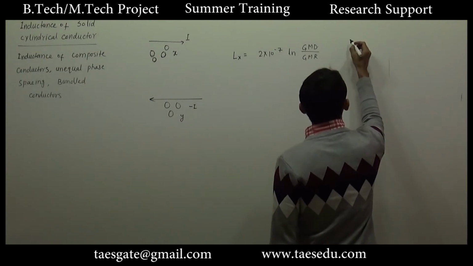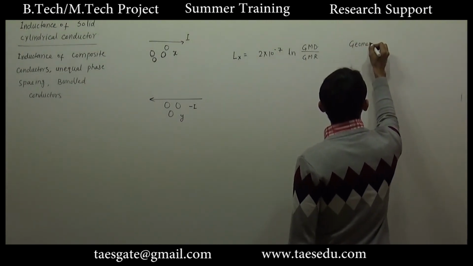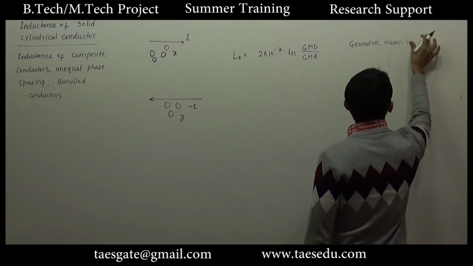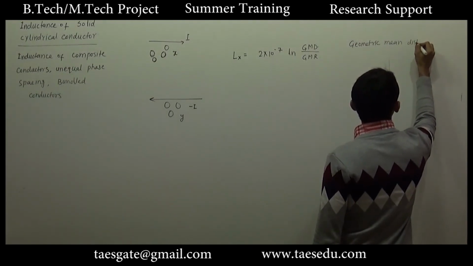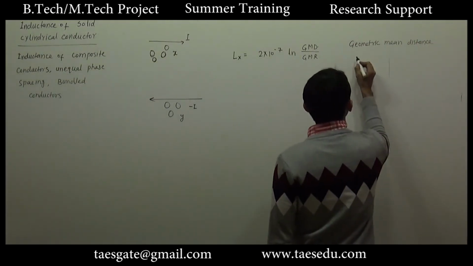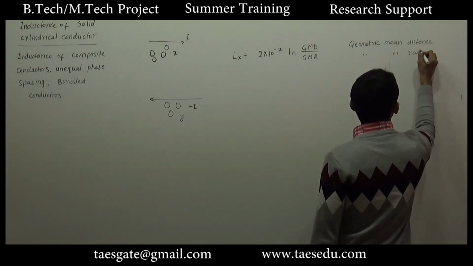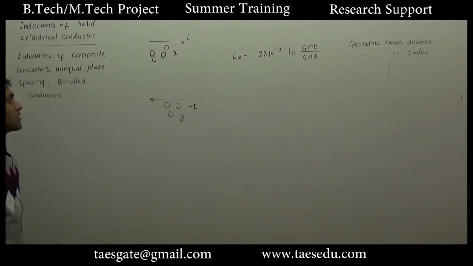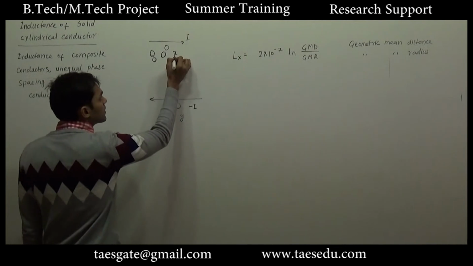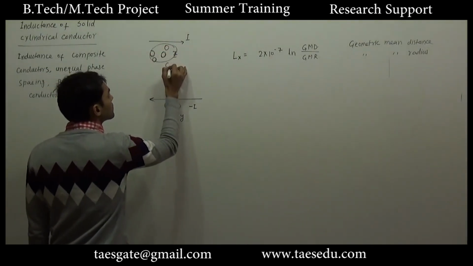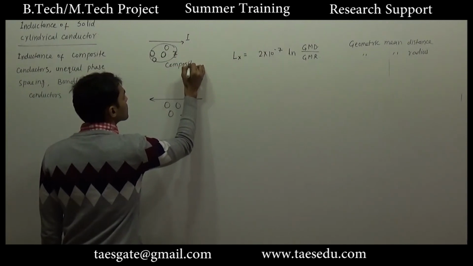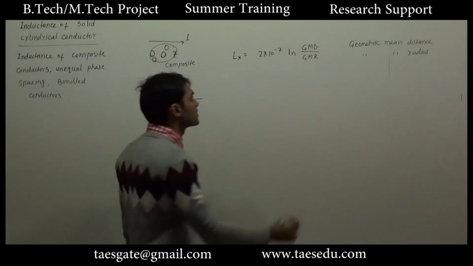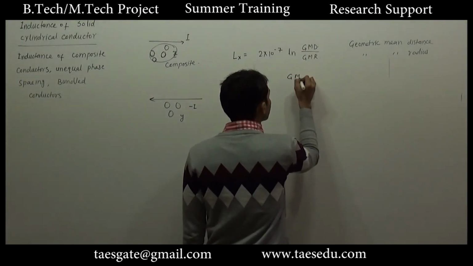GMD is geometric mean distance, and GMR is geometric mean radius. Okay, so for calculating inductance of conductor X, this will be a composite conductor. You can calculate with the help of this formula. So while calculating inductance, the only trick is how to find out GMD and GMR.